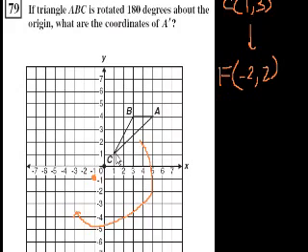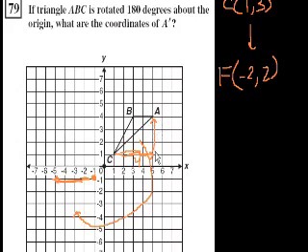This is 4 to the right and up 3. If I were to rotate this little arrow I drew with the 4 by 180 degrees, then that's going to be 4 this way, so you're going to be at that point.